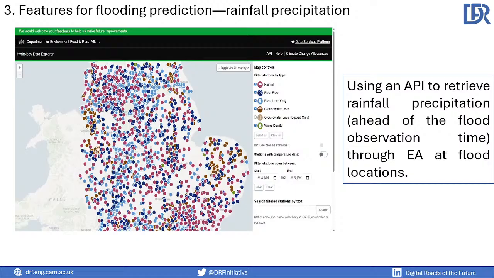For each location, there are many weather stations, so we try to find the nearest one to the flood location.